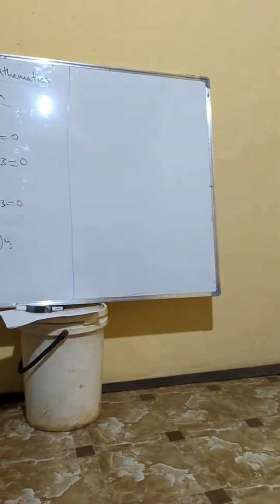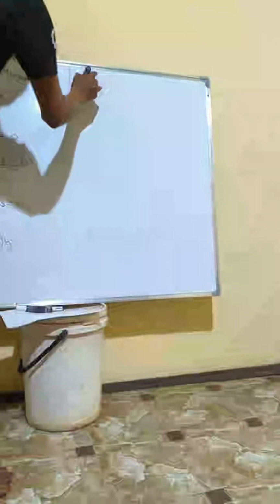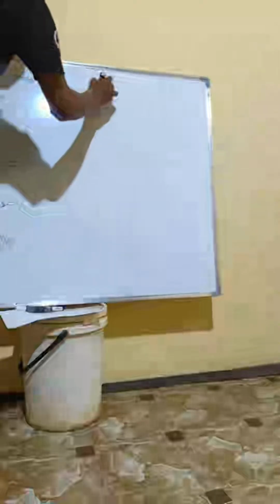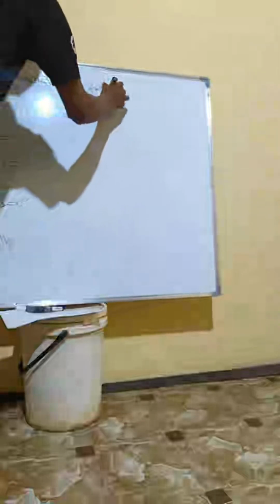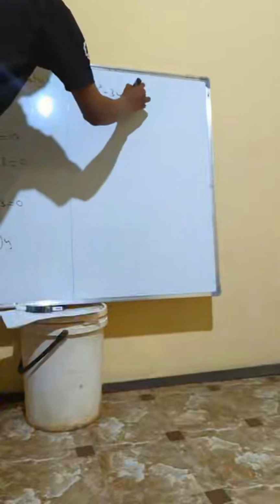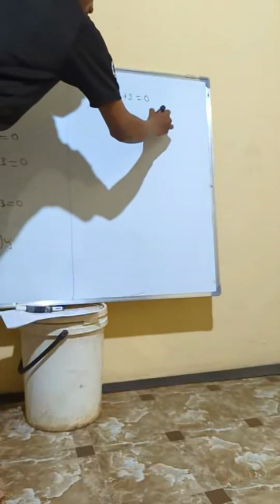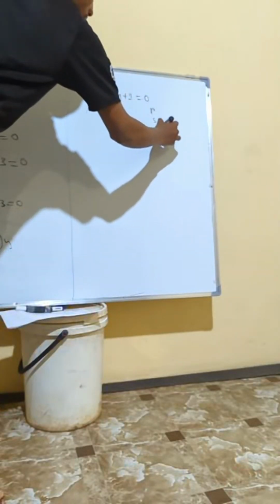So when you get this equation, you're going to say, we now factorize, so it will be 2y squared minus 3y plus 1 is equal to 0. Factorize: product, sum, and factor.